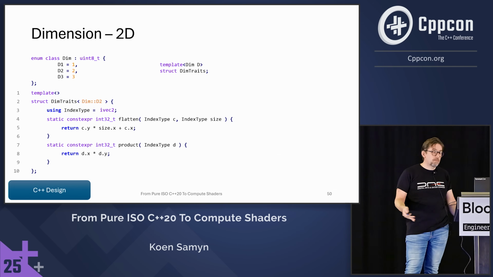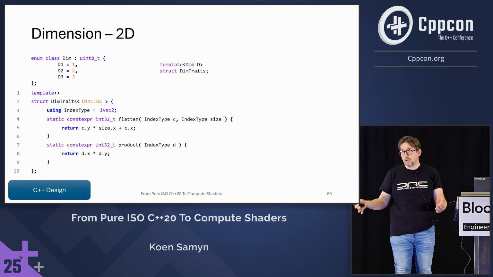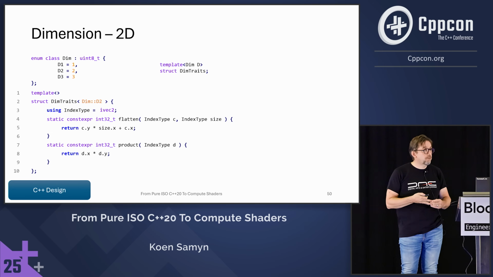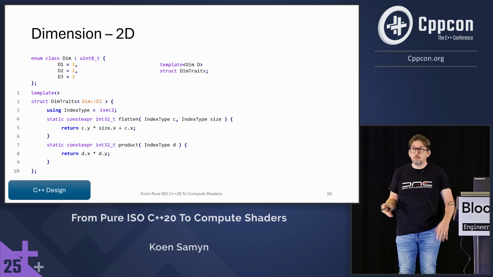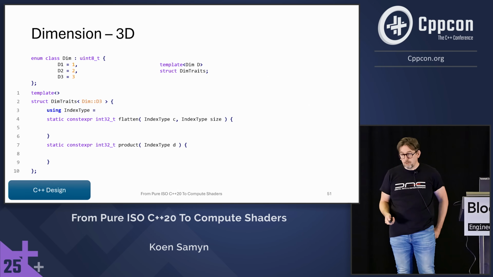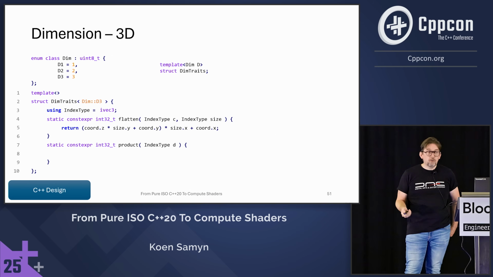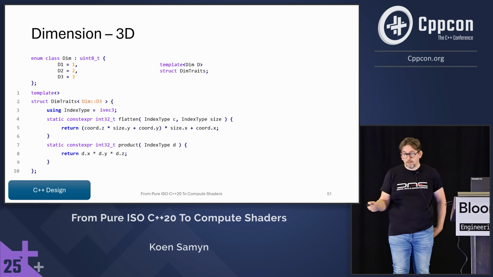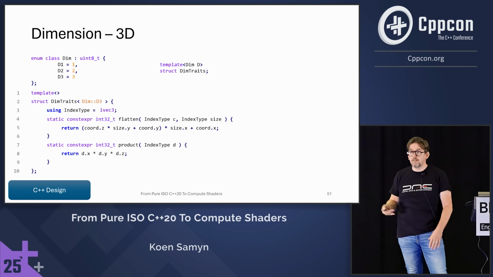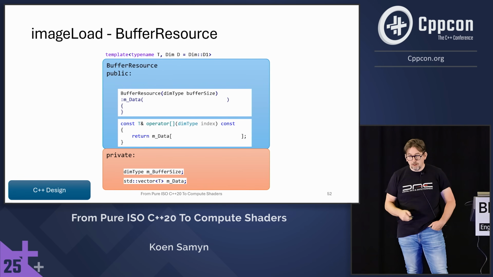And then also, if I have, again, an image of 640 by 480, the total size of my vector will be the product of those two dimensions. And same thing for 3D. I haven't used 3D buffers yet, but it's possible to extend this into tensors and what have you not.